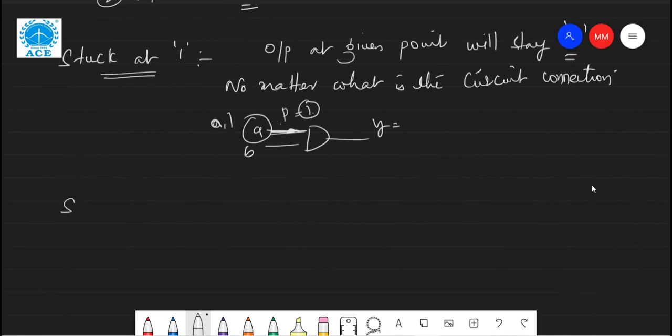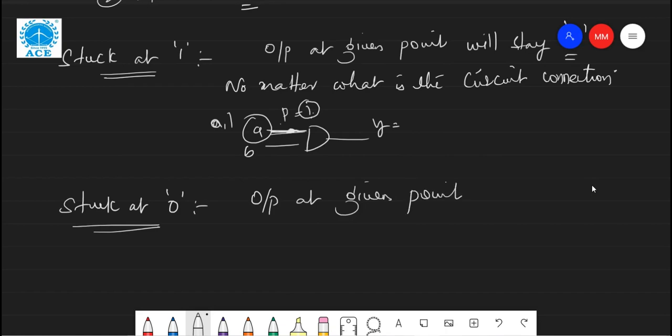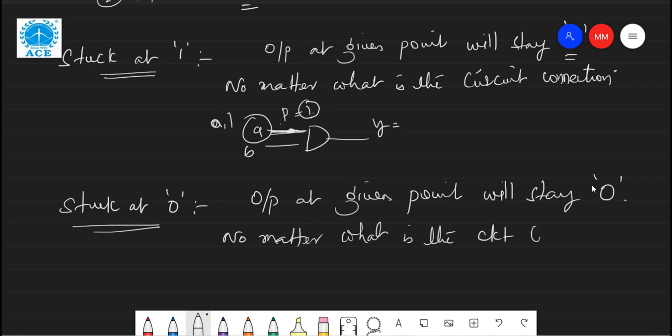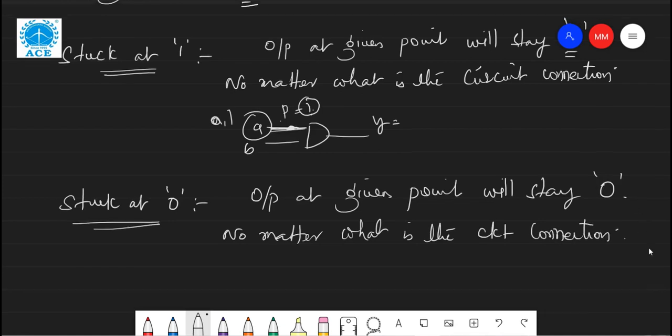Next is stuck at 0. Same. So what is stuck at 0? Output at a given point will stay always 0, no matter what the circuit connection is. Okay, same for this also.